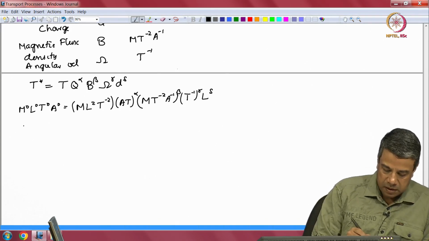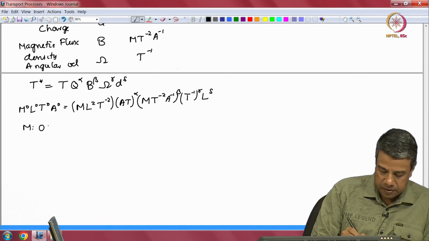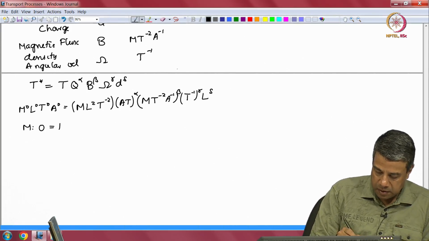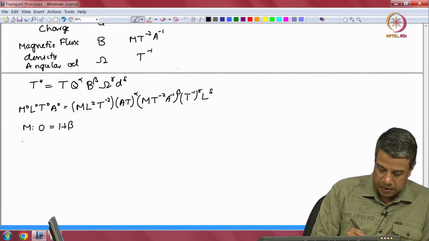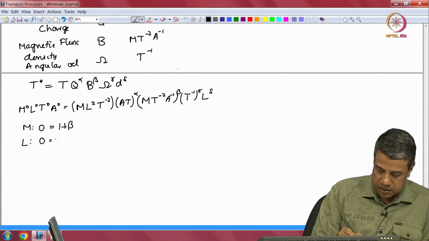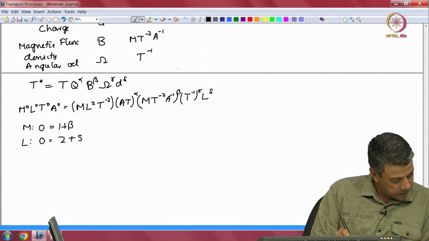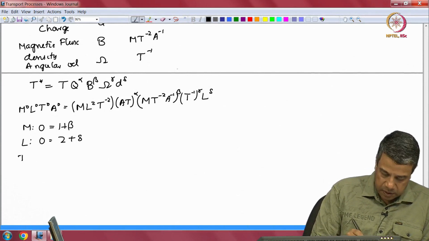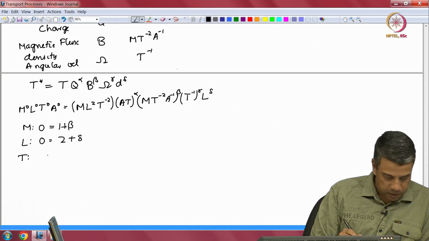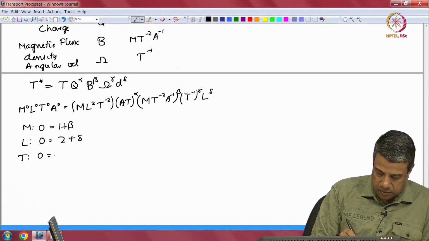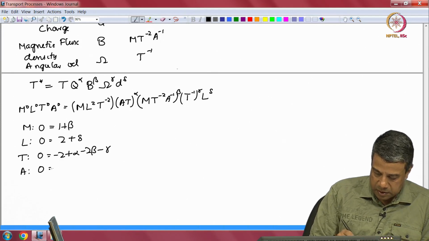And then once again I equate: mass dimension, 0 is equal to 1 plus beta; length dimension, 0 is equal to 2 plus delta; time dimension, 0 is equal to minus 2 plus alpha minus 2 beta minus gamma; and the current dimension, 0 is equal to alpha minus beta.